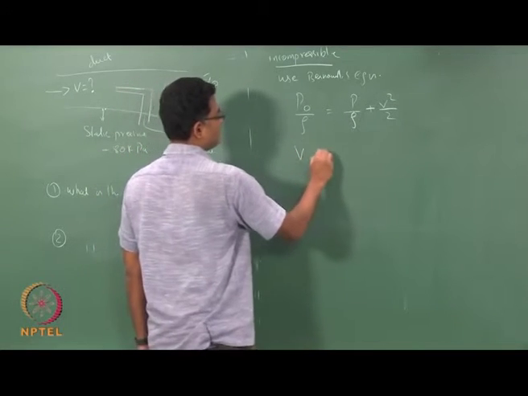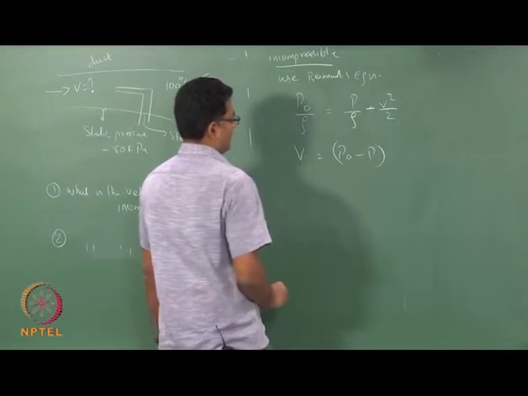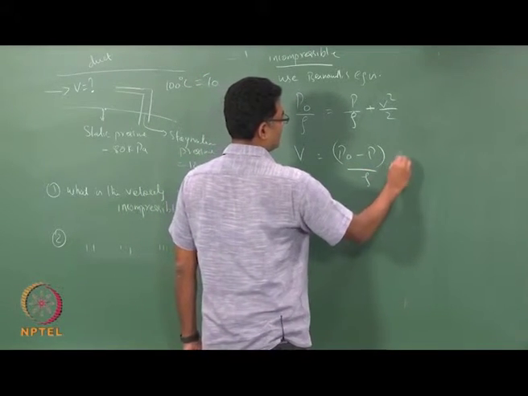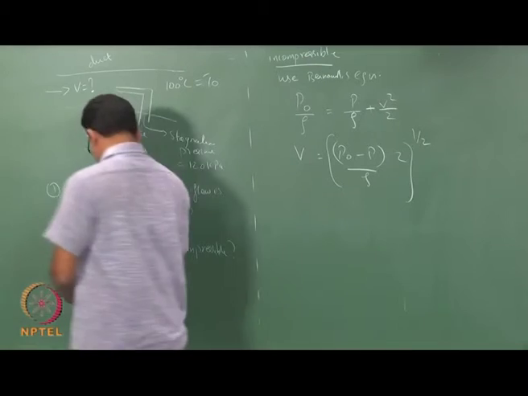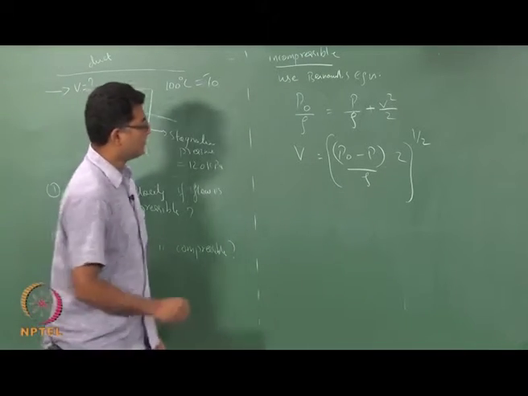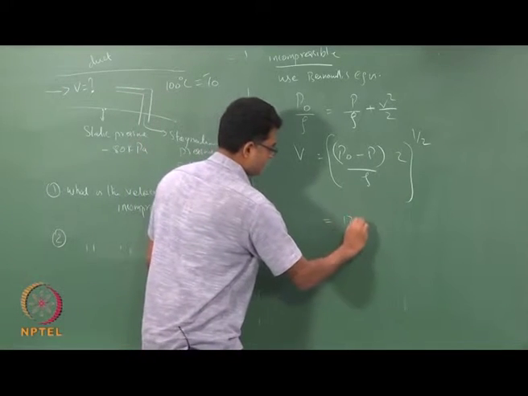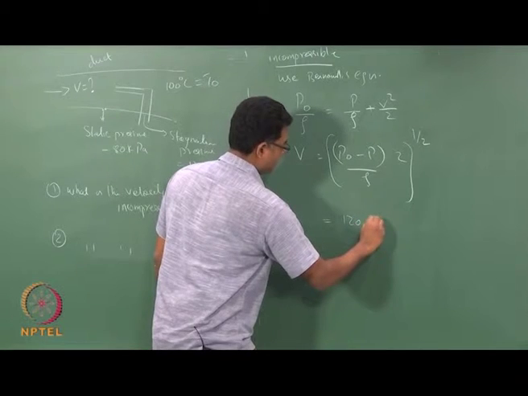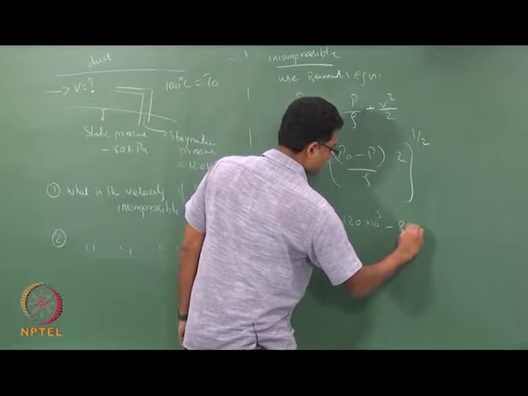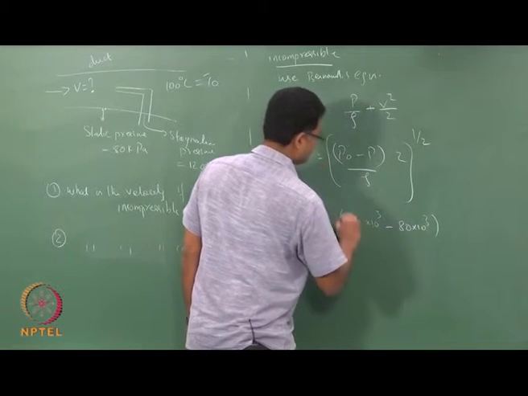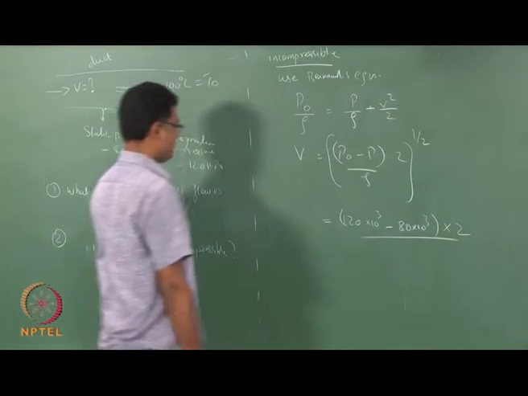So, I get my velocity as (P0 minus P) by rho, into 2, to the power 1 by 2. So, what is my stagnation pressure here? 120 into 10 power 3 minus 80 into 10 power 3, multiplied by 2, divided by density.